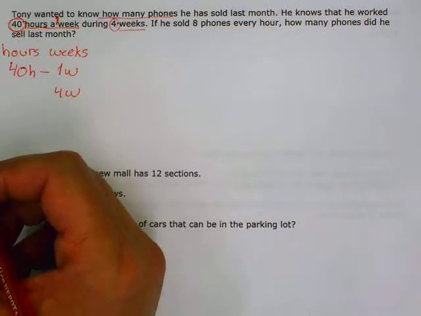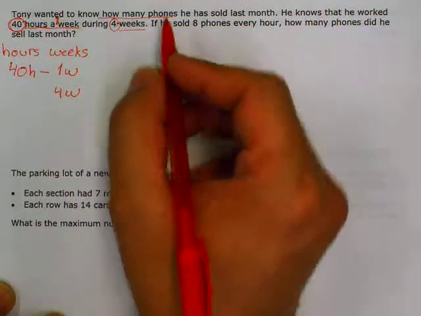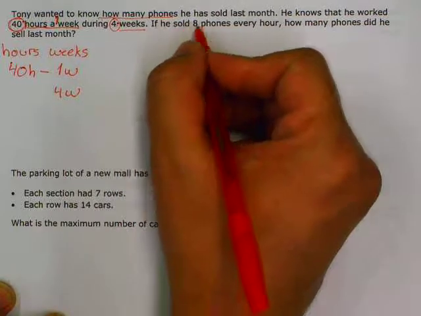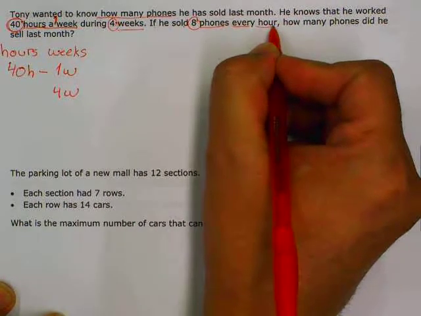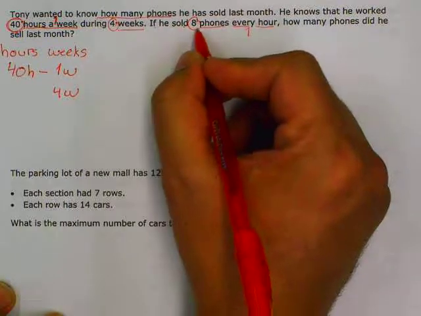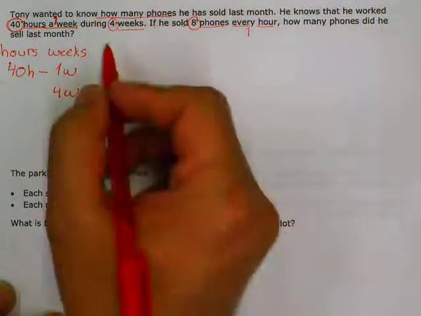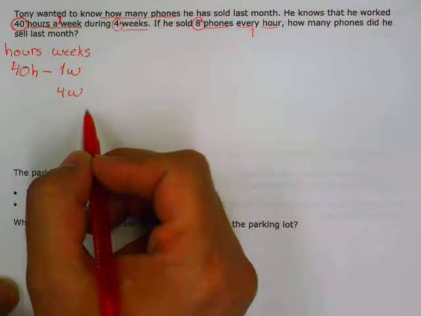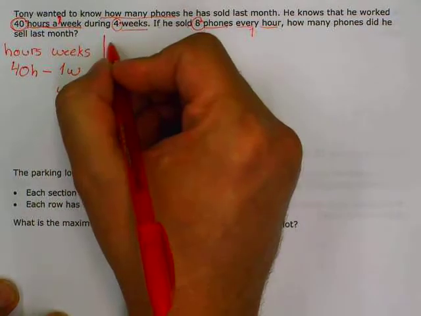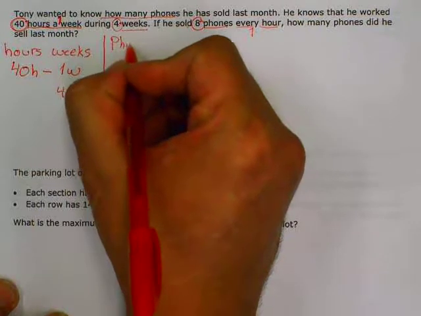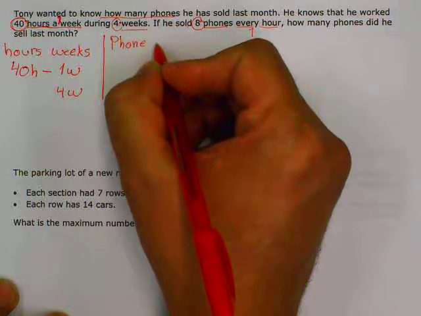Okay. Next sentence. If he sold 8 phones every hour. So he sold 8 phones in 1 hour. Is that part of this relationship? No. So I need another relationship between phones and hours.